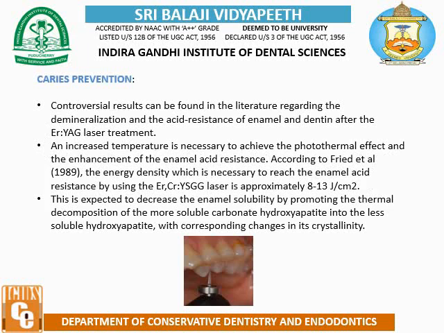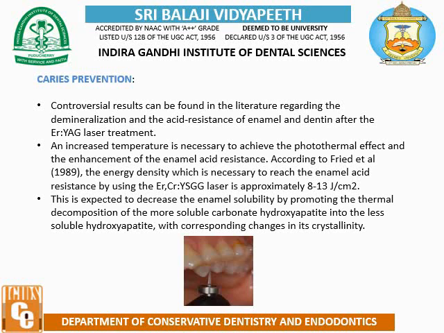Caries prevention. Controversial results can be found in the literature regarding the demineralization and the acid resistance of enamel and dentin after Er:YAG laser treatment. An increased temperature is necessary to achieve a photothermal effect and the enhancement of the enamel acid resistance.